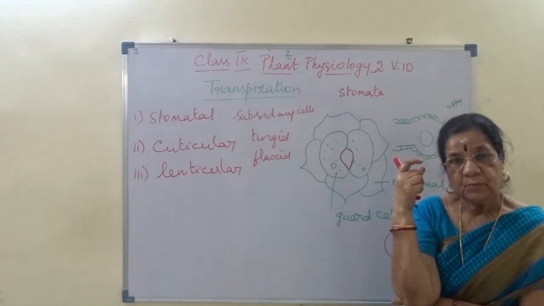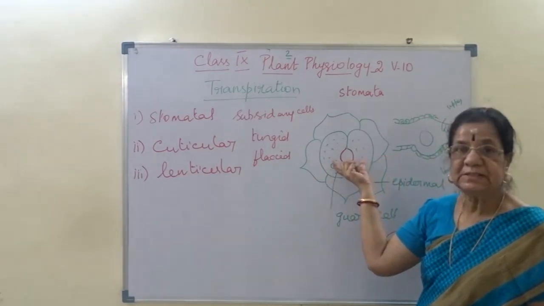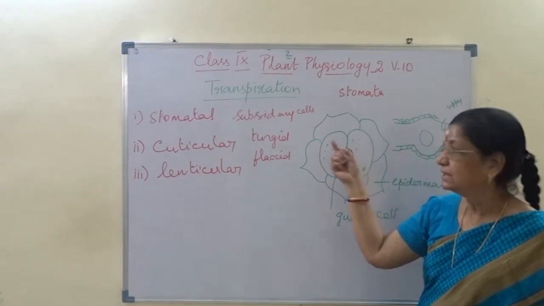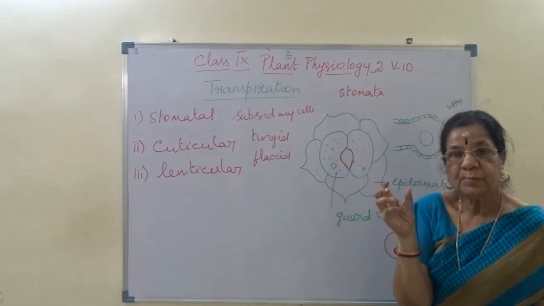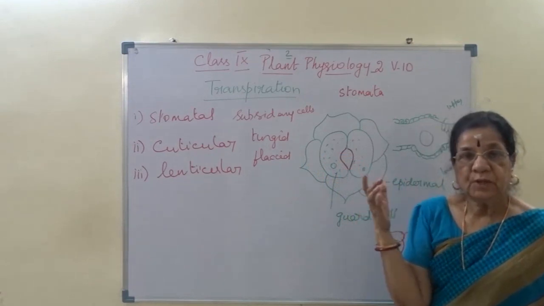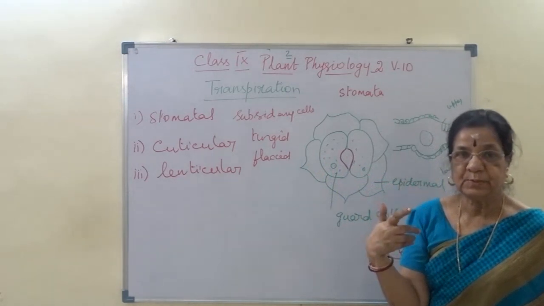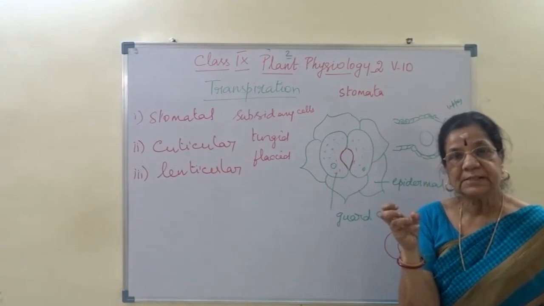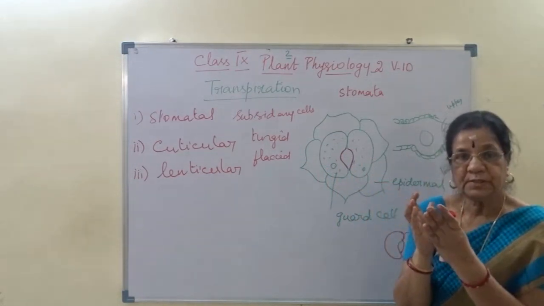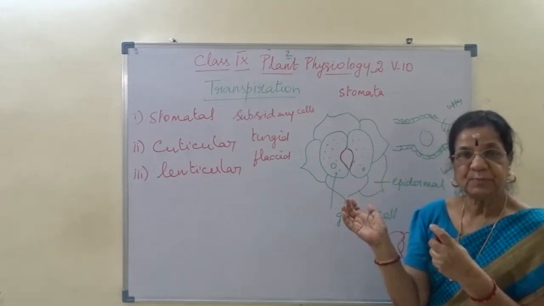When the accumulation of potassium ions is more, the guard cells become bulging, that is turgid condition. At that time the stoma becomes open, so exchange of gases or evaporation of water is possible. And when it becomes flaccid or shrunken, then the stoma remains closed. That is for stomatal transpiration.